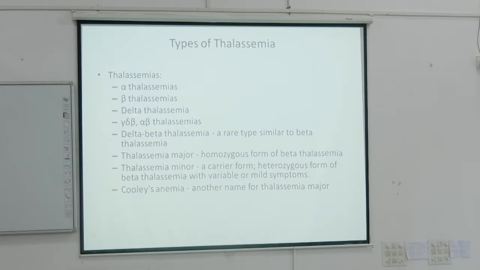Next comes this mixture of chains. Next comes delta beta thalassemia, a rare type similar to beta thalassemia. Delta beta means which chromosome is affected? Chromosome 11. Delta beta means chromosome 11. See, in all cases, only one chromosome will be affected, either 11 or 16.